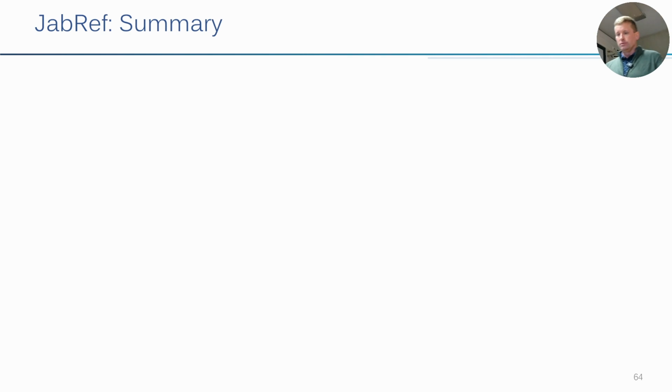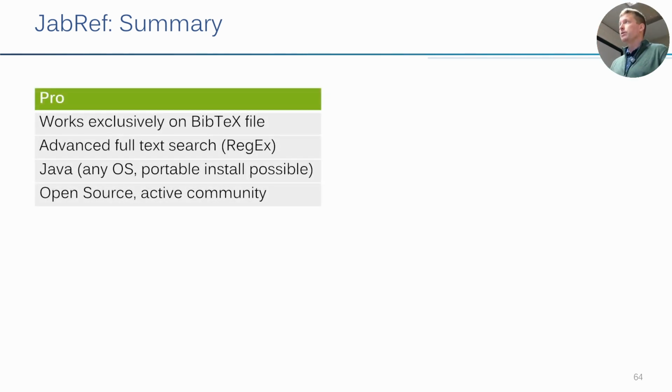That is really cool. So in summary, what is good about JabRef? It's very lightweight, and the storage is basically just a BibTeX file. Everything that they store happens in the BibTeX file. They have really good advanced search, with regular expressions and so on. Not so sure I should list Java as a pro.